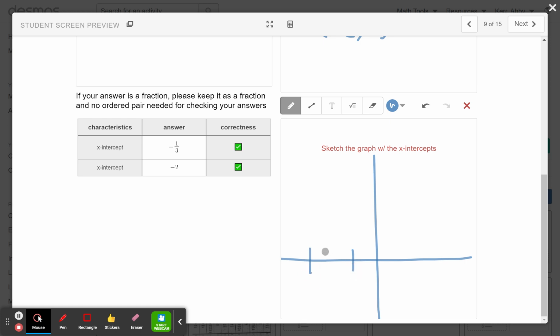So since I know one of my x-intercepts is negative 2, 0, and then negative 1/3 is 0.3333. So I move my tally marks kind of away from each other. It's an upward parabola because our first term in our equation was a positive.